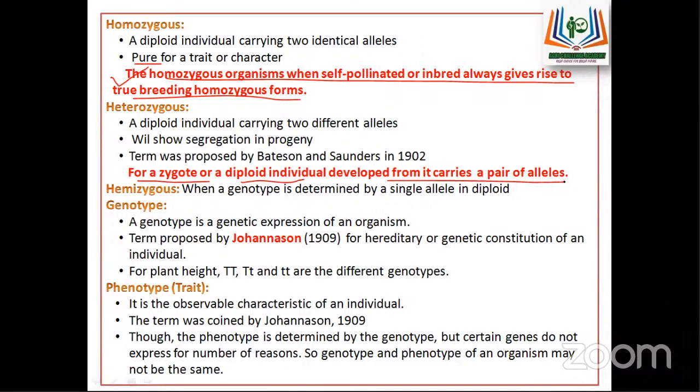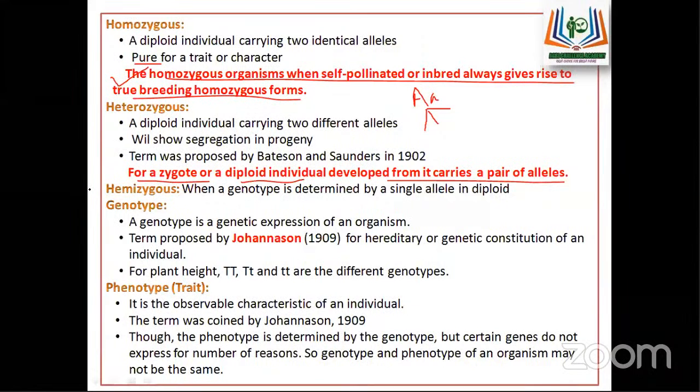For simplicity, we can say the heterozygous condition is capital A small a. If you self it, you will get all three types of progeny: capital A capital A, capital A small a, and small a small a. So all the types of progeny you will get from a heterozygous individual.